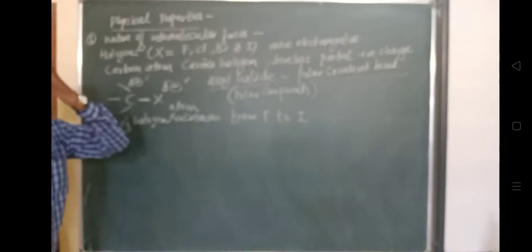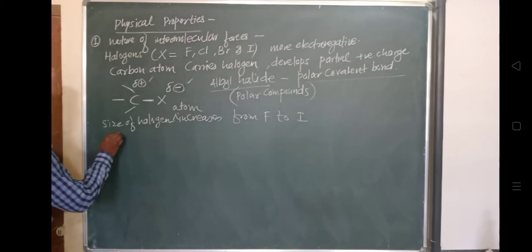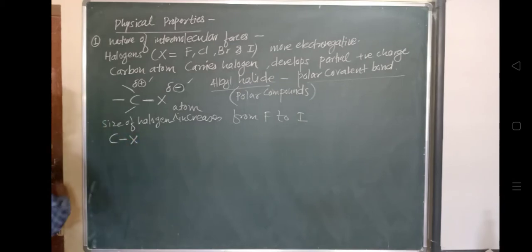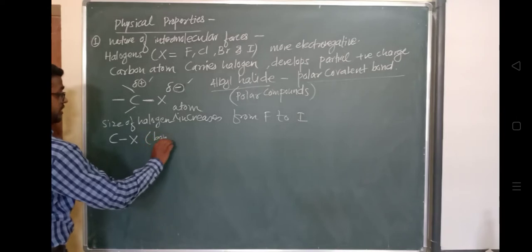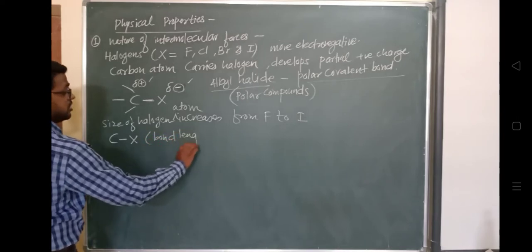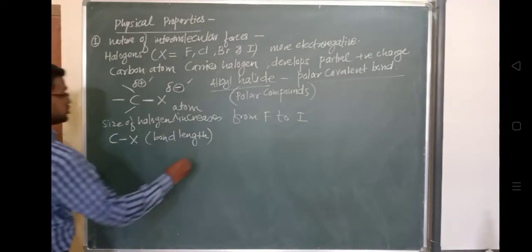Hence the C-X bond length increases. This bond length between carbon and halogen will also increase.